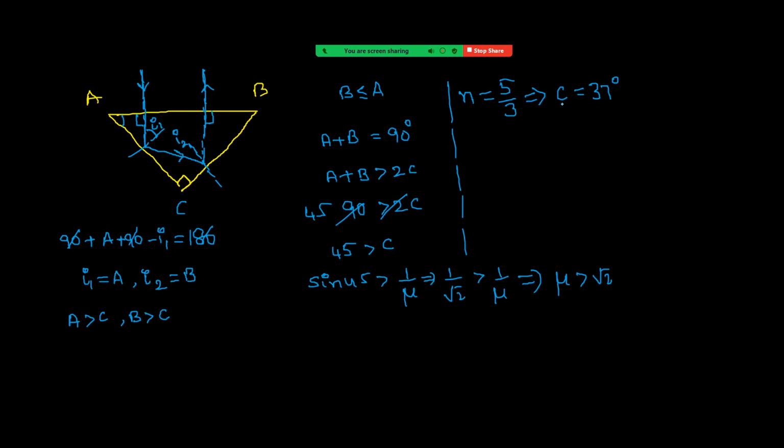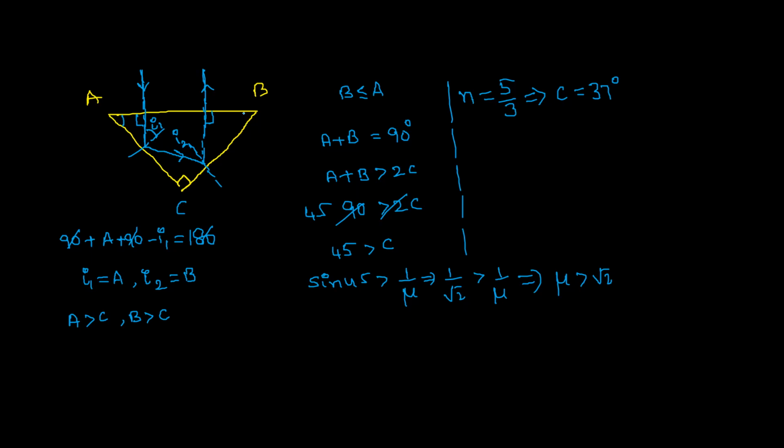Next, is it possible to achieve this with the angle B equal to 30 degrees? The question is, is it possible to achieve this with the angle B equal to 30?